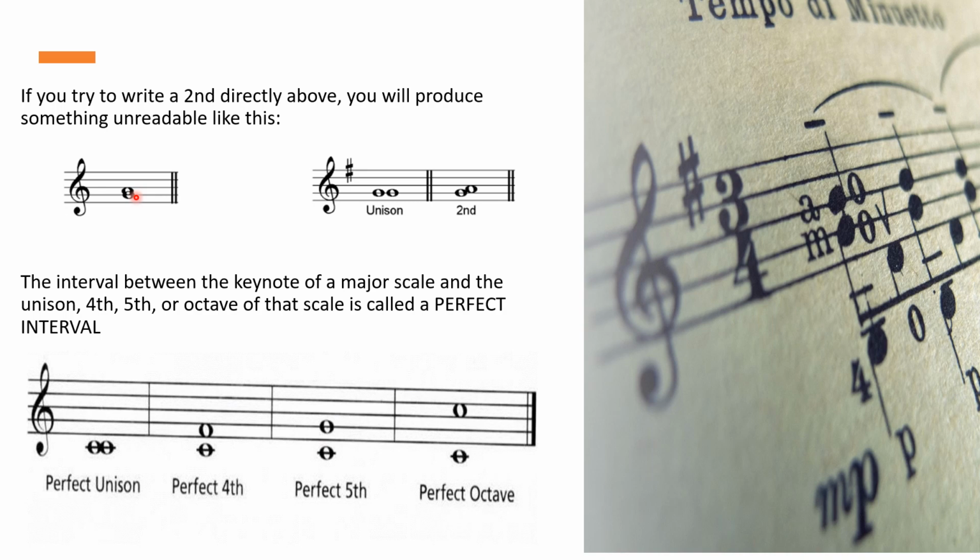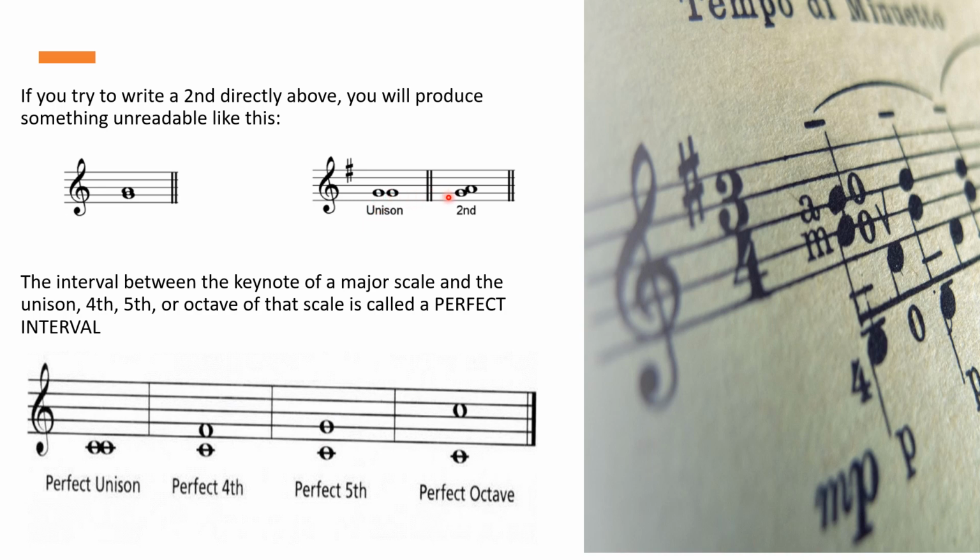But when it's unison, where they are on the same pitch, if you put a note above another note, you are almost not able to read it. For example, this is meant to be a unison, which is 2 notes on the same pitch, but you're almost not able to tell if one is on the space or both of them are on the line. That's why it is advisable when you write unison to write it side by side.